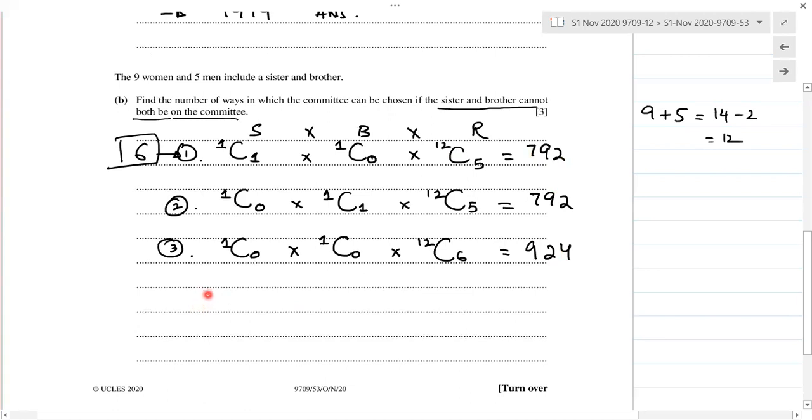So these are options 1, 2, and 3. We add them up: 792 plus 792, and for the last one, 924. These are the three possibilities we got. If we add them up, we get 2508. And that is the answer to the second part of this question.